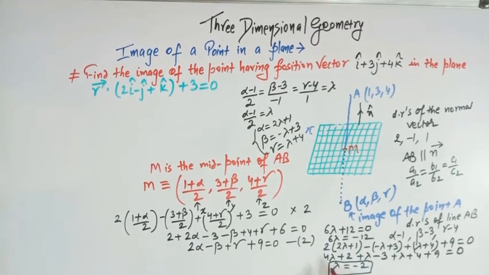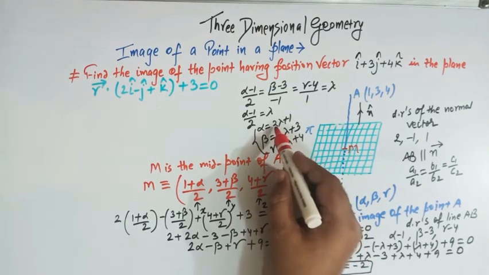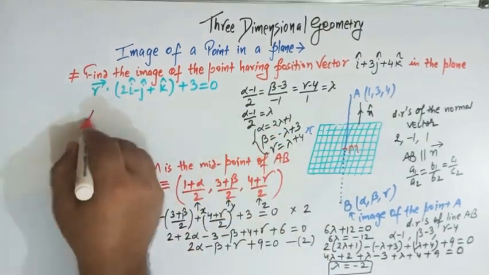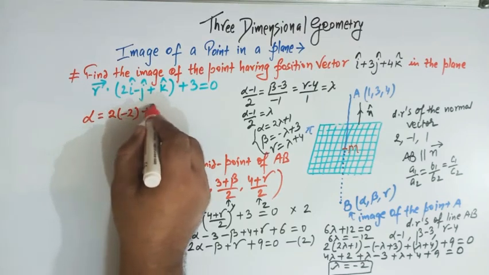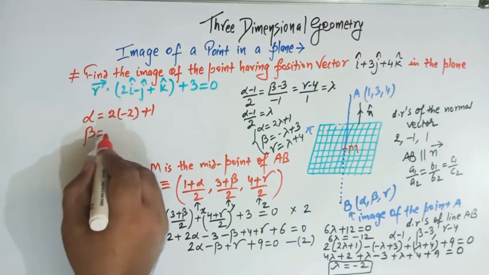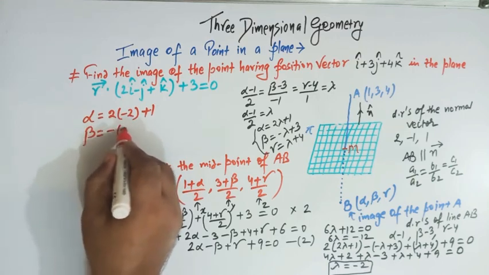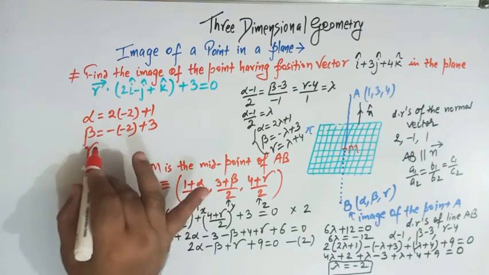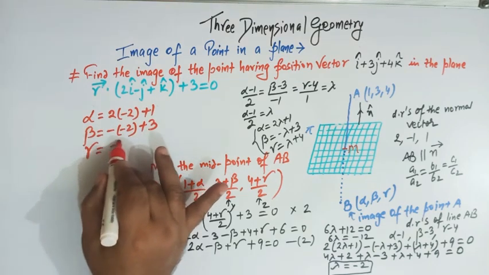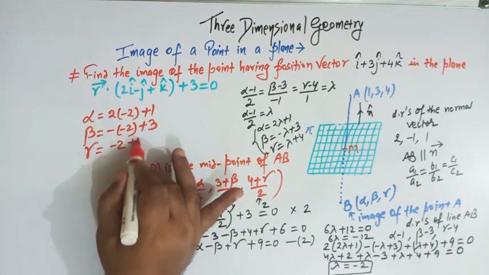So once we have obtained the value of lambda equal to minus 2, we can substitute it here. So alpha is equal to 2 times minus 2 plus 1, beta becomes minus of minus 2 plus 3, and gamma becomes minus 2 plus 4, right?